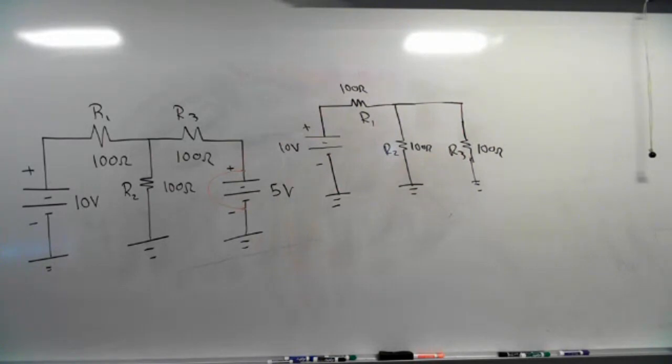I'm going to give you one more minute, and then I'm going to talk about how we would solve this circuit for the current through R2 with only VS1 in the circuit.